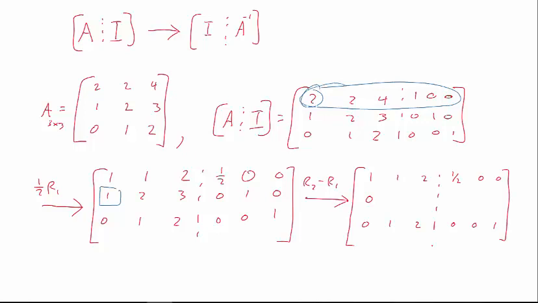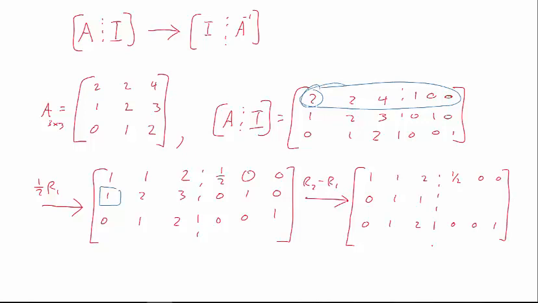And now we're doing these two rows. 2 minus 1, so that's a 1, which puts us right where we wanted. That's nice. And then we've got this one here, 3 minus 2, which is also a 1.